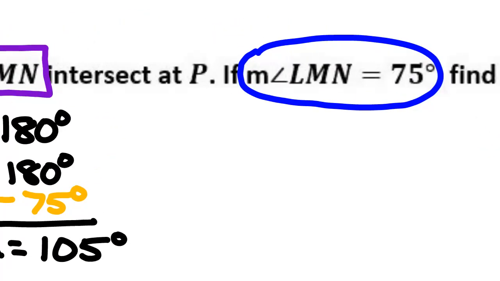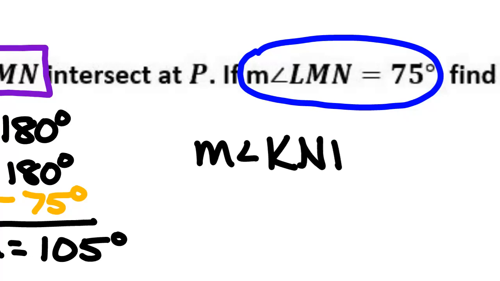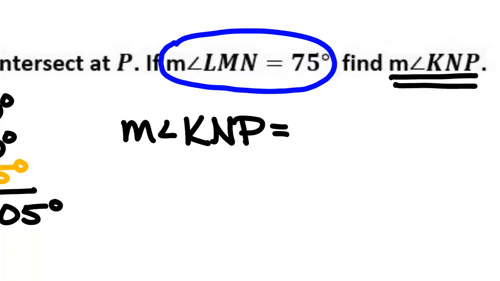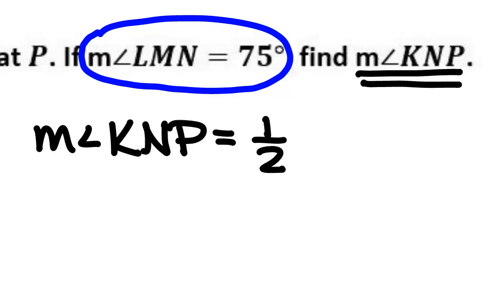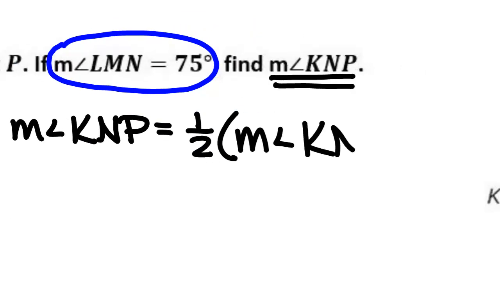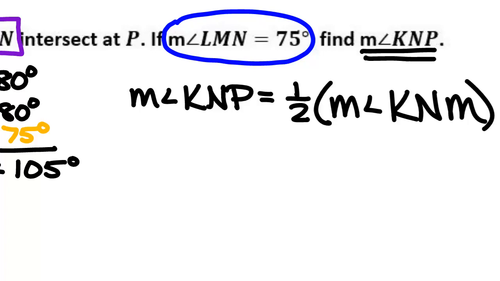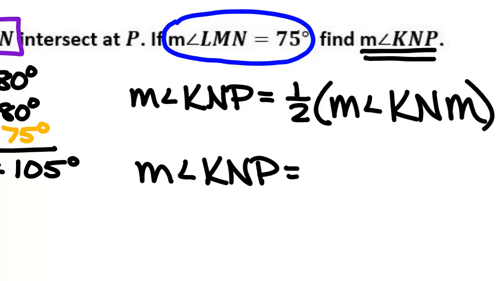The measurement of angle KNP is half the measurement of angle KNM. And we just found out how big KNM is, didn't we? How big's KNM? 105. So KNP is half of 105 degrees.